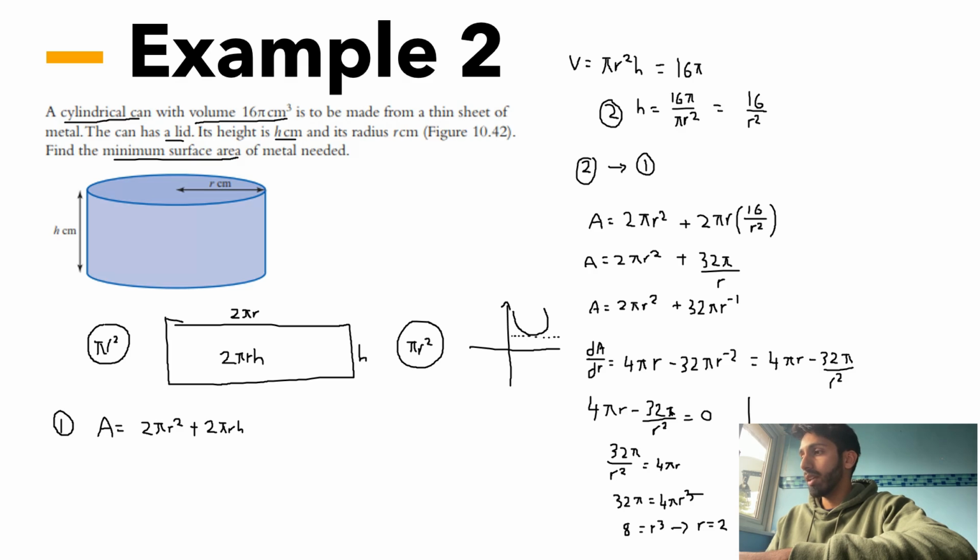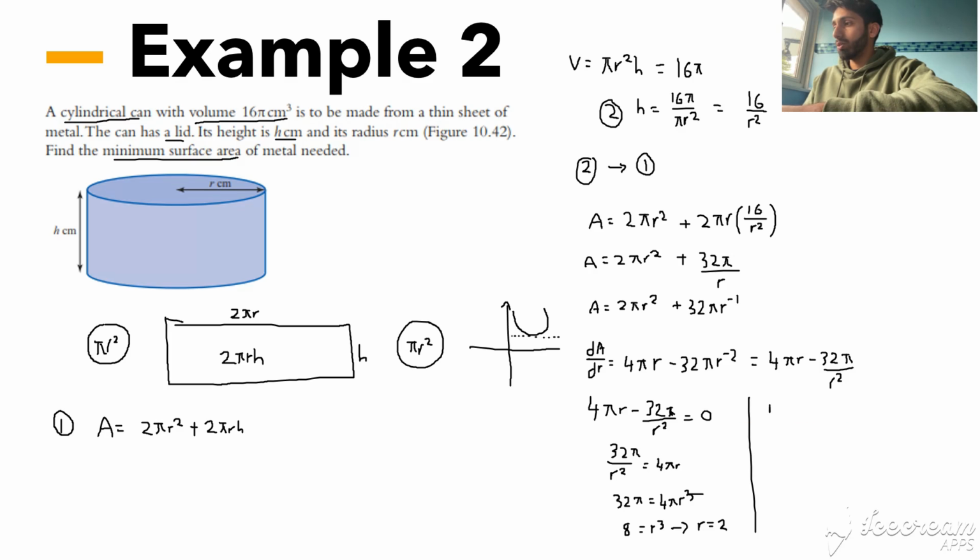So I'm going to say here, when r equals 2, area equals 2 pi times the radius, which is now 2, squared, add 2 pi times 2 times 16 over 2 squared. I'm going to use this formula up here because the first one, number 1, has an h in it, and we eliminated the h earlier.